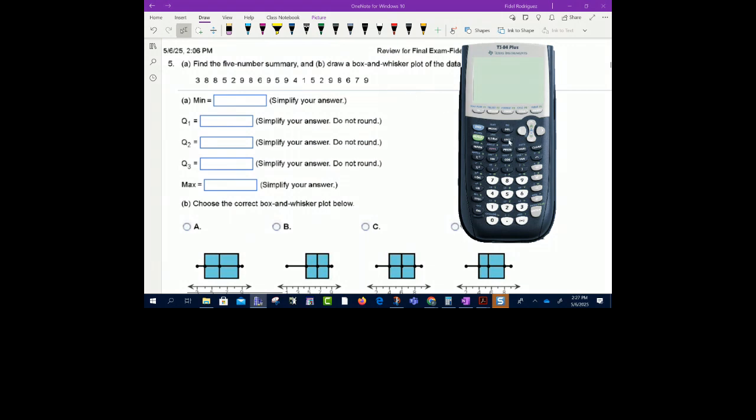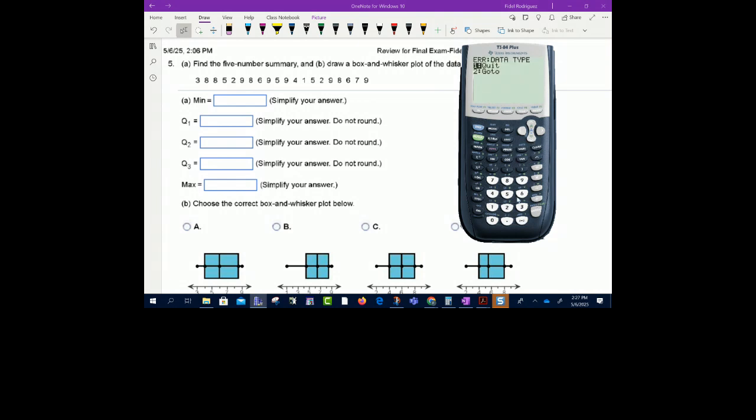If you remember how we did this, we're going to go to stat, then edit. On my calculator, everything is already cleared. If yours was not, you could use the up arrow, hit your list 1, hit the button that says clear, and everything should be good. Okay, I'm going to go down my list. Oh no, what did I do? Is it enter?